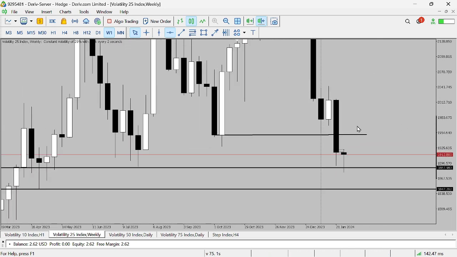And normally, when you perform your analysis on Sundays, you need to perform another analysis on Tuesday. Another top-down analysis, because sometimes the analysis you've done on Monday can completely change by Tuesday. By Tuesday, at most by Wednesday, the high of the week or the low of the week has been created, and then it will be expanding in the direction you want to expand to.